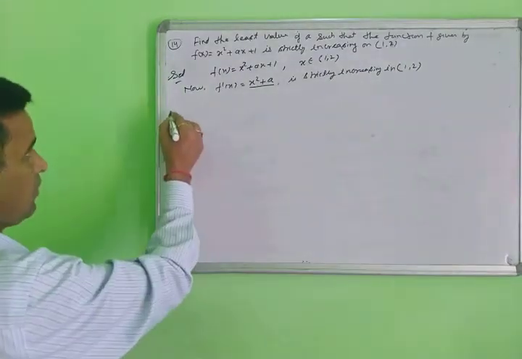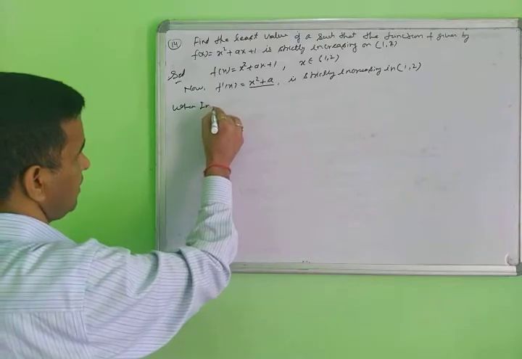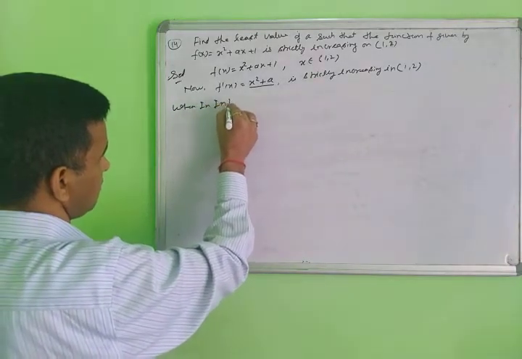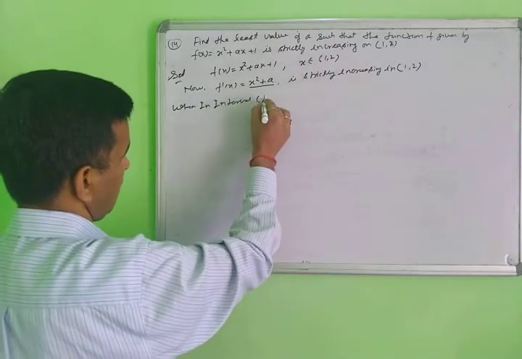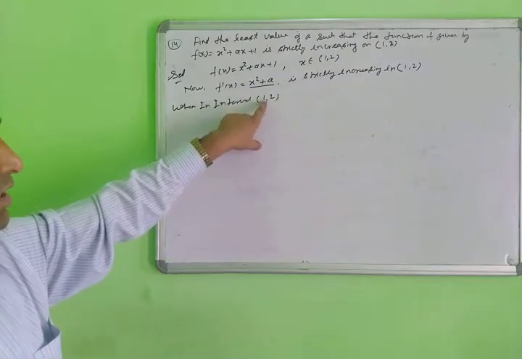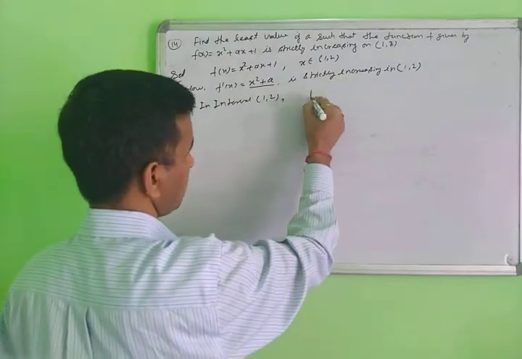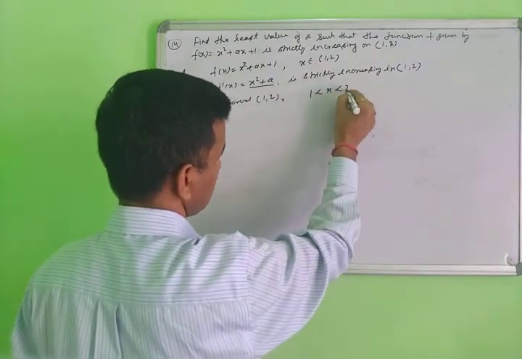So in interval 1, 2, x is more than 1 and less than 2; this is an open interval, so you can write it in this way: 1 less than x less than 2.